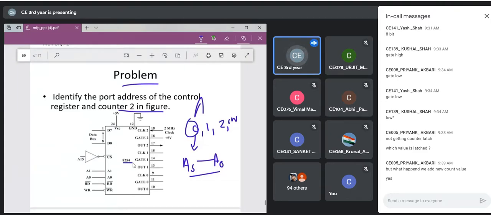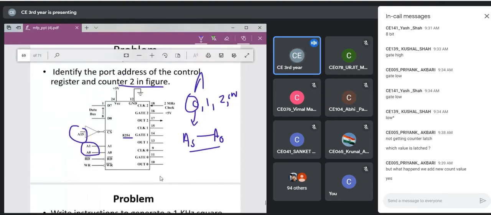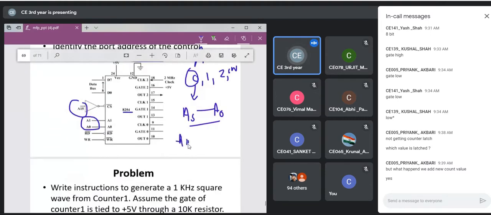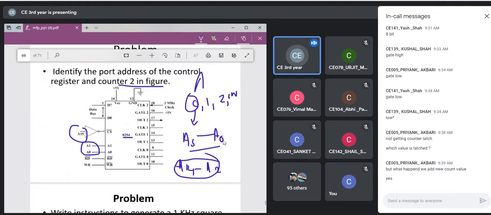This is 8254. Here A15 is there somewhere, and here you can see A0 and A1 from the 8086 are given, and A14 to A2 are not given to you. That means they are don't care, so you can keep any value for them. For simplicity, you can keep them 0.